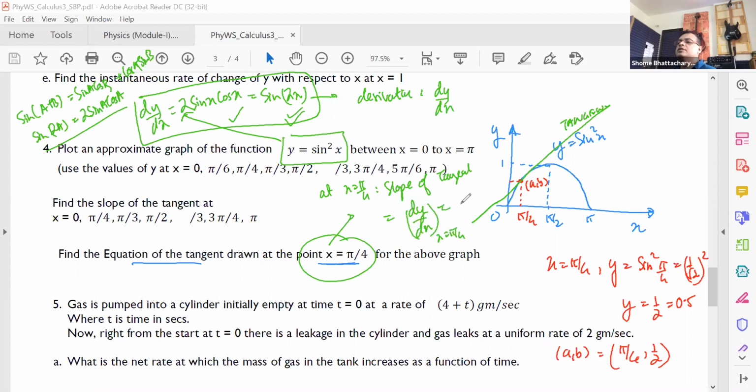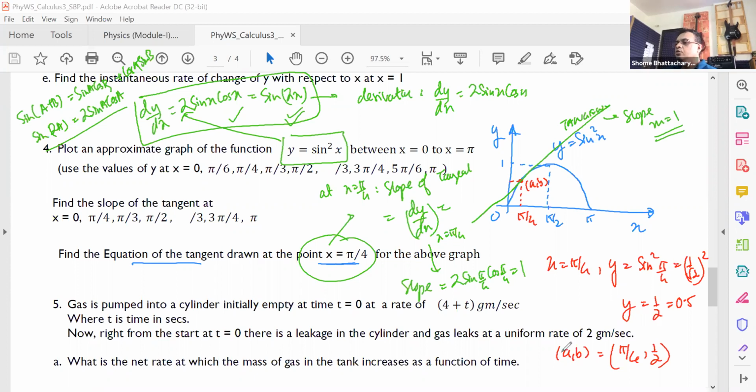That is the slope of the tangent, right? The derivative is 2 sin x cos x. So the slope will become 2 times sin pi by 4 cos pi by 4. When you calculate, you will see it comes out to be 1. So this tangent has a slope equal to 1. So clear so far, Bhavika?